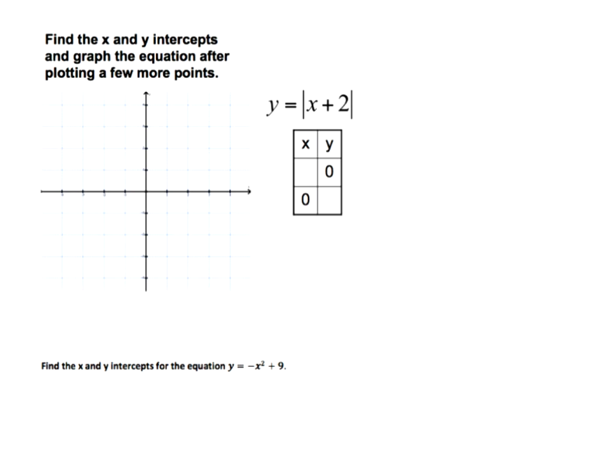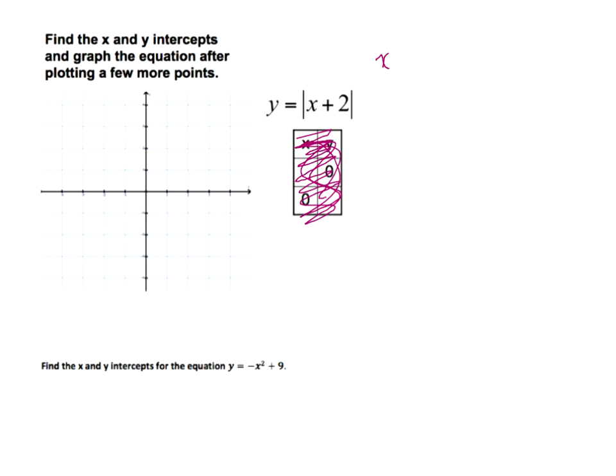So, find the x and y intercepts, and once again, bad xy table there. Find the x and y intercepts and graph the equation after plotting a few more points.